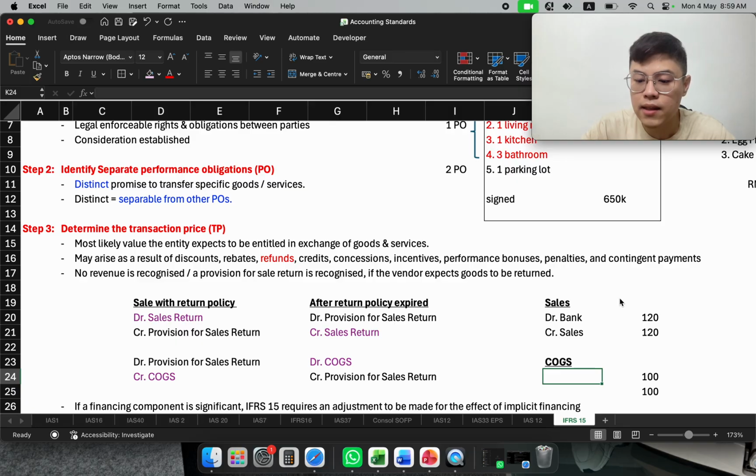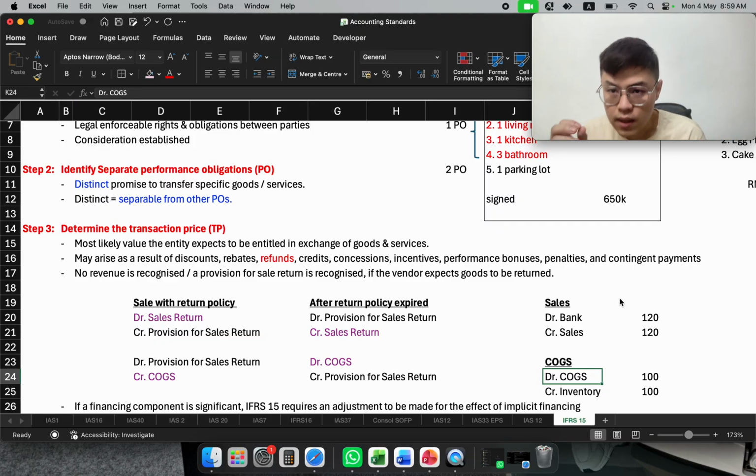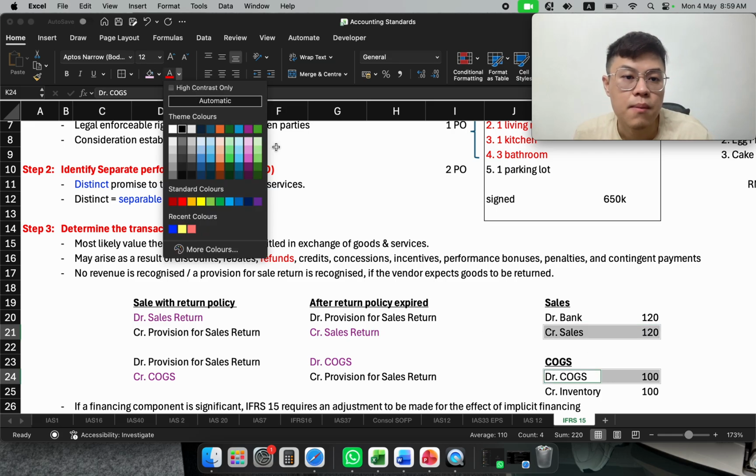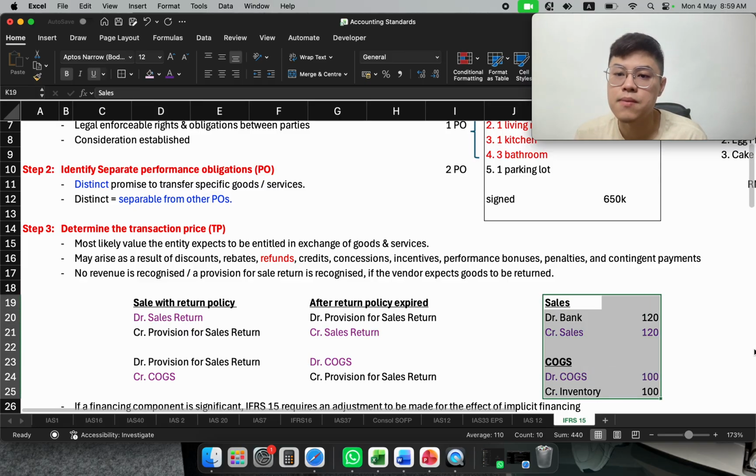When we sell the items, my inventory will reduce, and this effectively becomes my cost of goods sold, because the goods already go out, and this cost of goods sold is related to the sales, so that we can do a matching of these two elements in our SOPL. We will have sales recorded at 120, cost recorded at 100, and a net profit of 20 ringgit. So this is how we record sales.